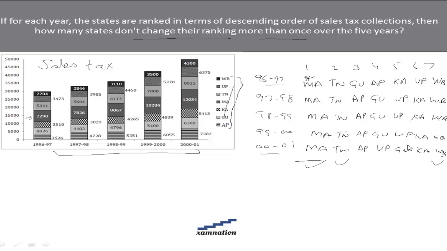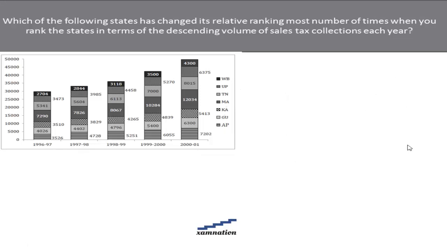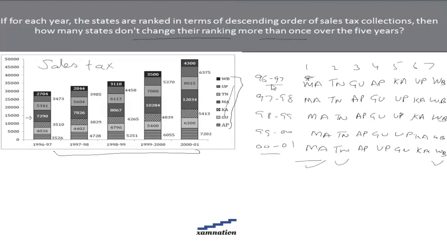Okay. So next: which of the following states has changed its relative rank the most number of times when you rank the states in descending volume of sales tax collection? As we have seen in this data, Gujarat, Andhra Pradesh, Karnataka and UP have changed rank.